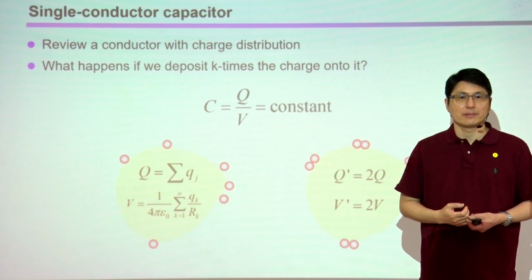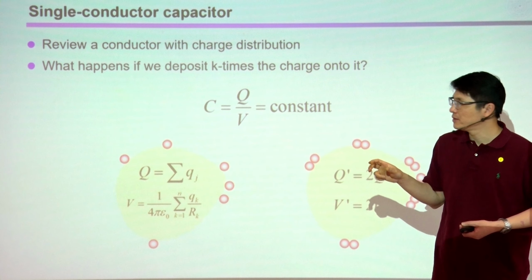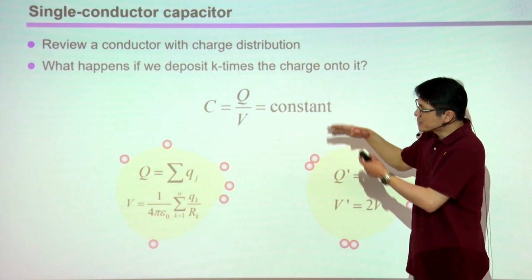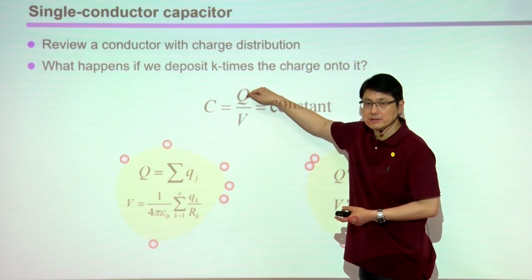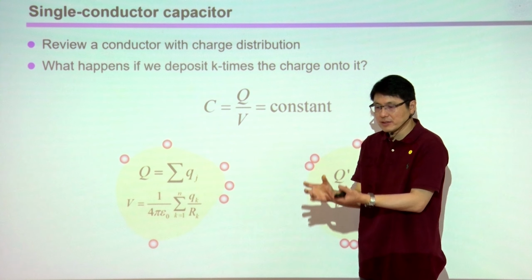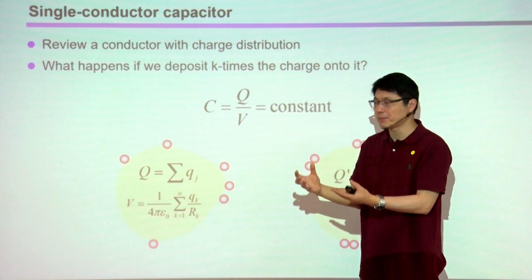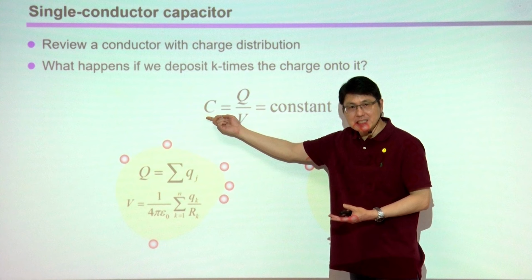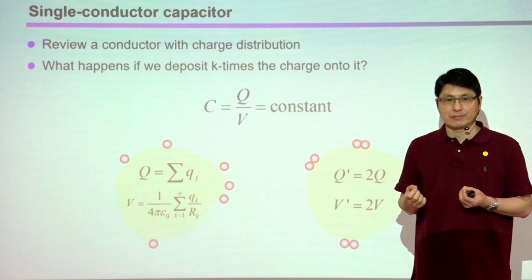Okay? And that unique property does not depend on how much charge you deposit. So once you fabricate the capacitor, you have determined its material, its geometry, that capacitance value is held as a constant. Okay?